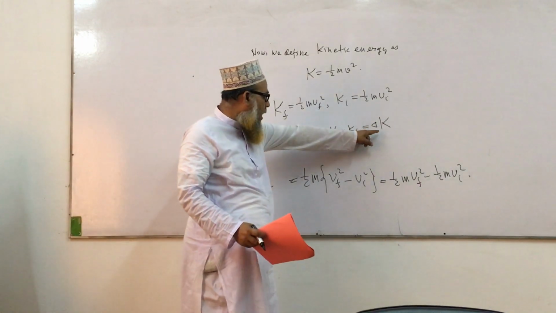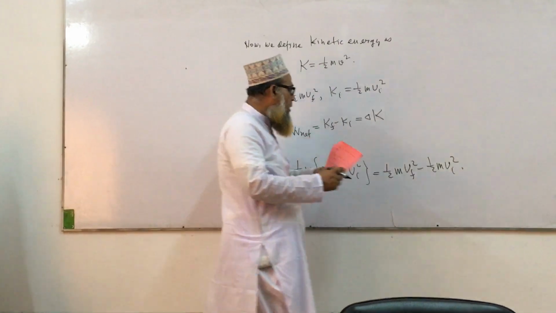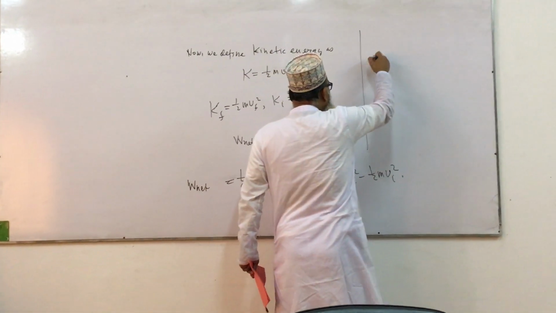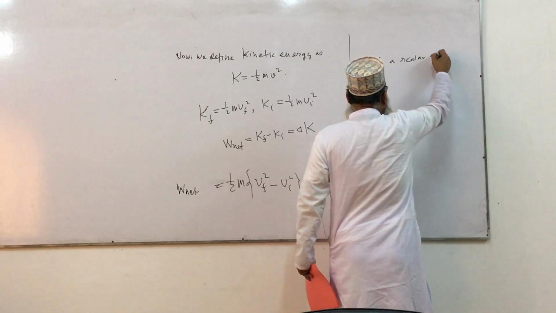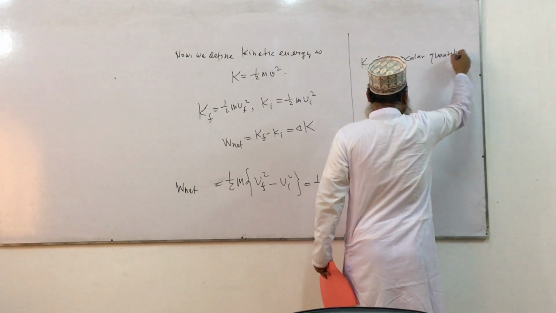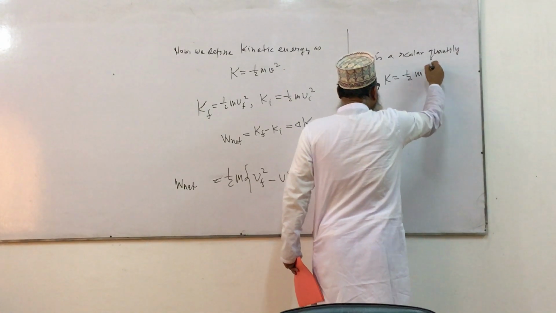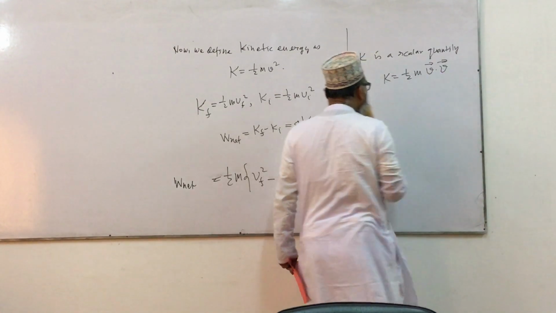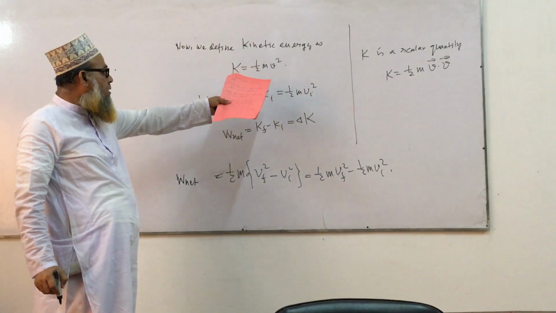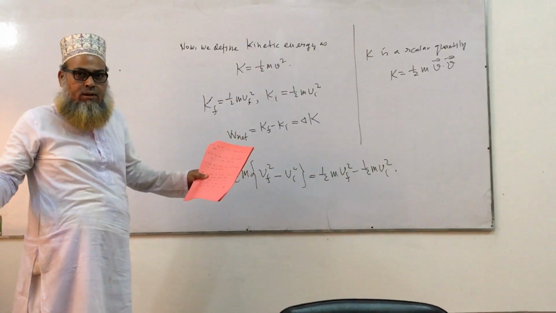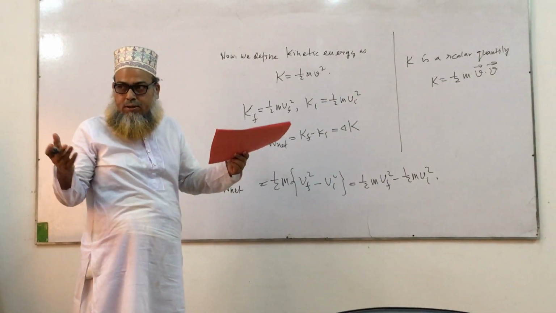So our result is Kf minus Ki. This is also W net. And a reminder: K is a scalar quantity, because you can write K equals half M V dot V. V dot V is a dot product, which is a scalar.